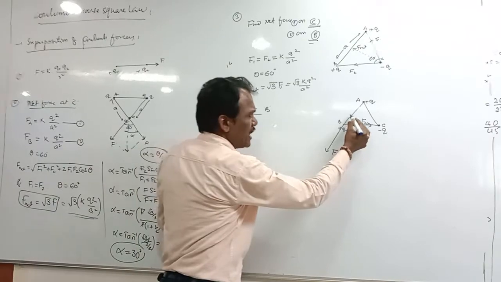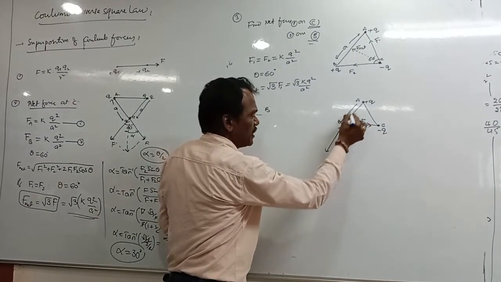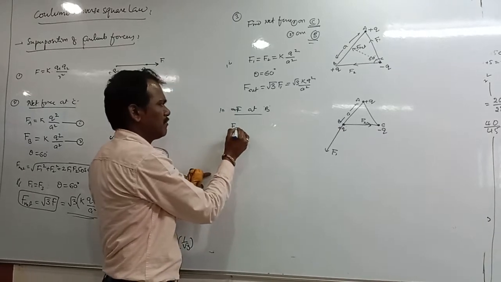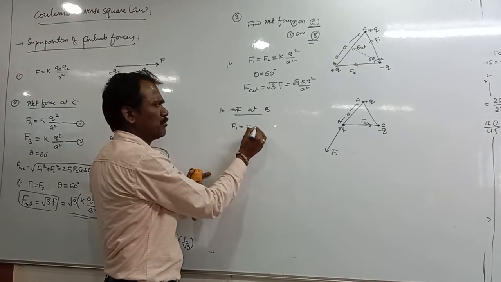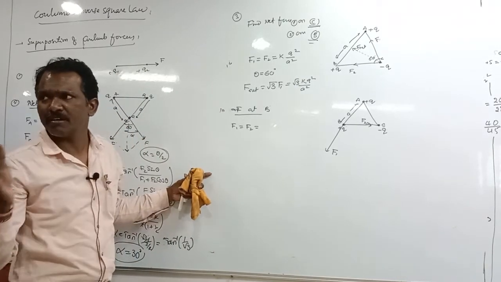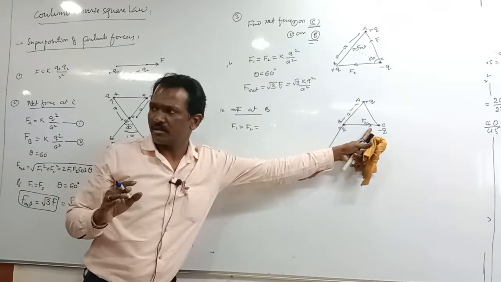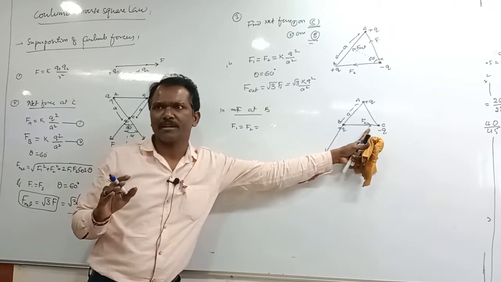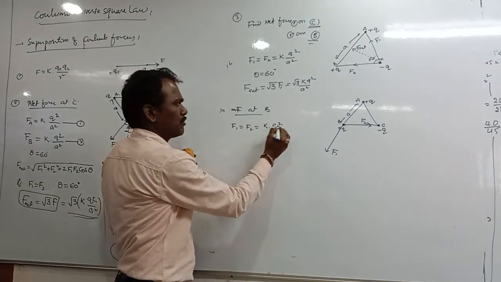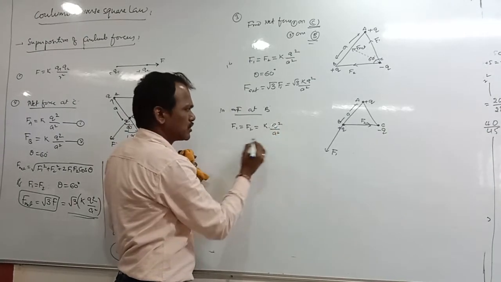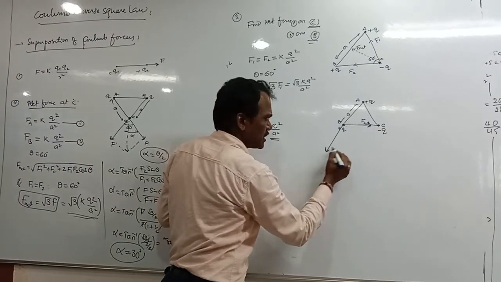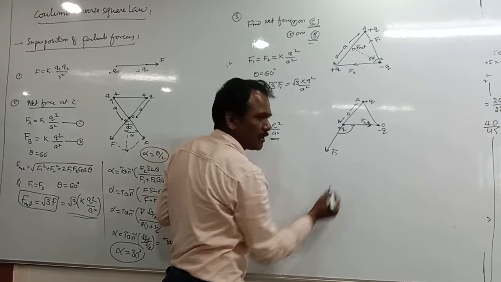The distance is the same between the charges of the equilateral triangle, right? So F1 is equal to F2. We are considering the magnitudes of forces, not substituting the negative sign of the charge, equal to K into Q square by A square, and these are the two forces which are making an angle theta, right?